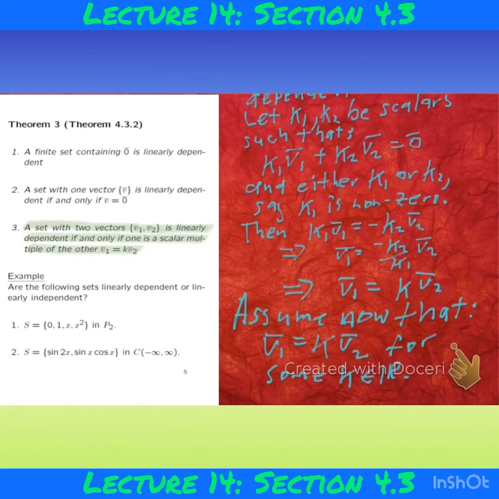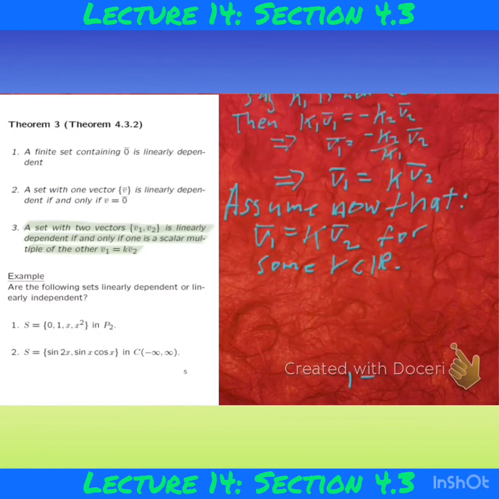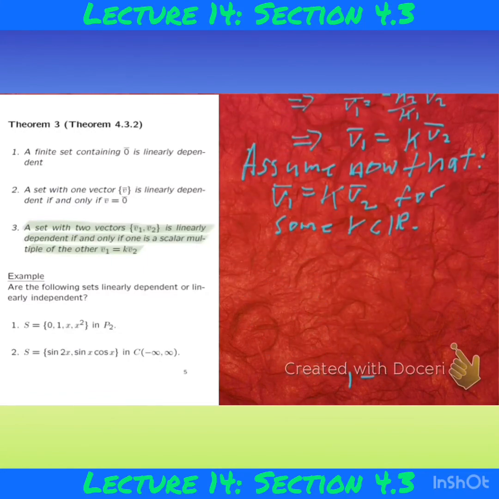Alright, so let's assume now that V1 is a scalar multiple of V2, so you can find a K such that V1 is KV2. And now we want to show that our set S is linearly dependent. But this, again, is not difficult to do.